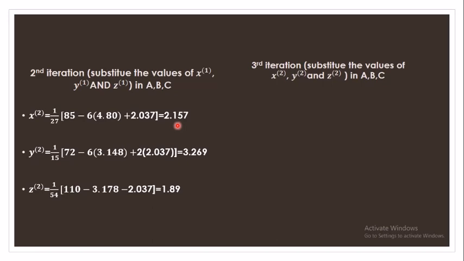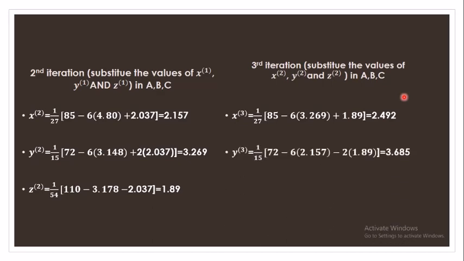Now the next thing that you have to do is the third iteration. In the third iteration you have to substitute the values of the previous iteration, that is x2, y2 and z2, in equations A, B and C, and check what you are getting. So you are getting 2.492, 3.685 and 1.937.